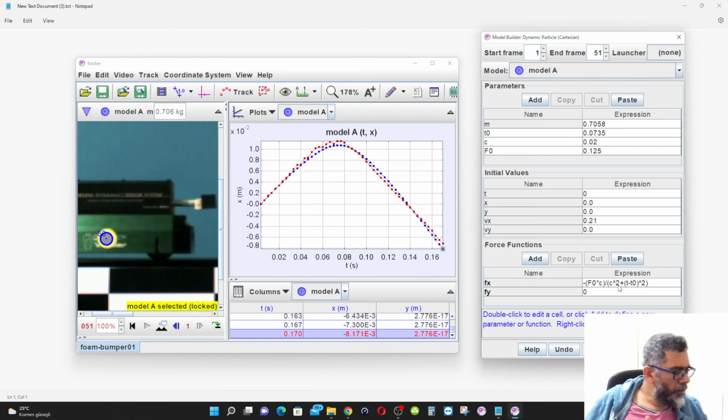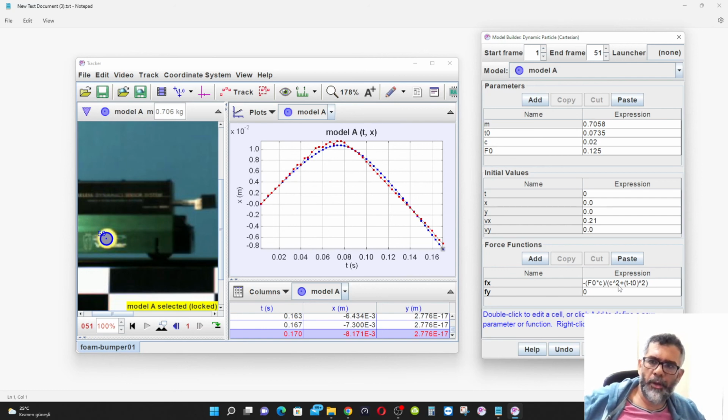For example, in this video I just tried two force functions. One is Gaussian, one is Lorentzian, and Gaussian I've done. Maybe you can compare the models of Gaussian and Lorentzian. Maybe you can get much better overlapping with Lorentzian or Gaussian by playing with these.